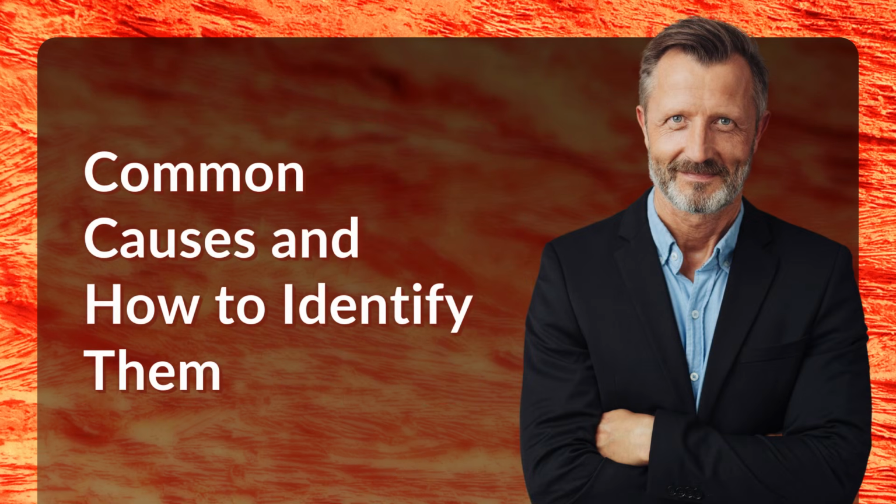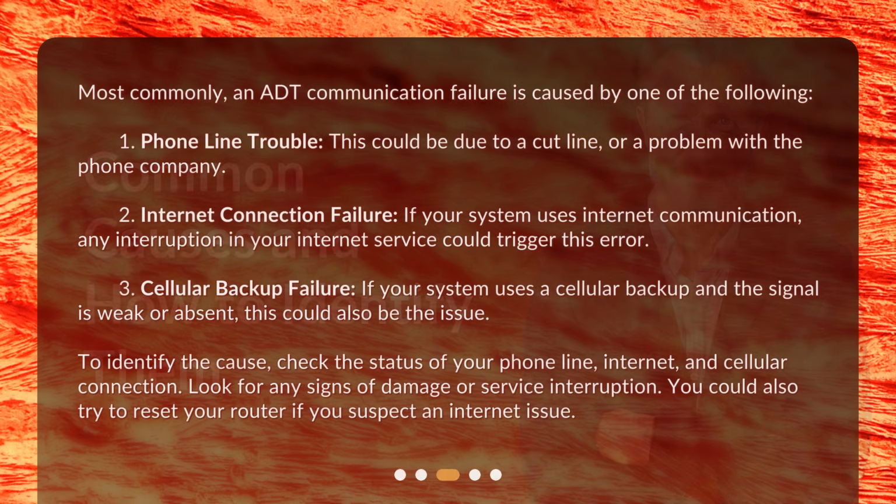Common causes and how to identify them. Most commonly, an ADT communication failure is caused by one of the following. 1. Phone line trouble. This could be due to a cut line or a problem with the phone company. 2. Internet connection failure. If your system uses internet communication, any interruption in your internet service could trigger this error. 3.